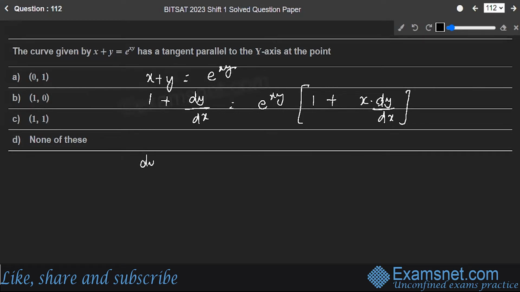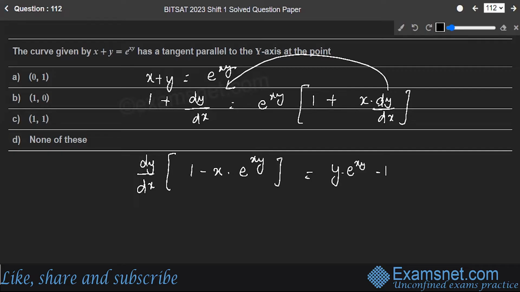Taking this over here, dy by dx times (1 minus x e power xy) is equal to y e power xy minus 1. This gives me dy by dx is equal to (y e power xy minus 1) upon (1 minus x e power xy).